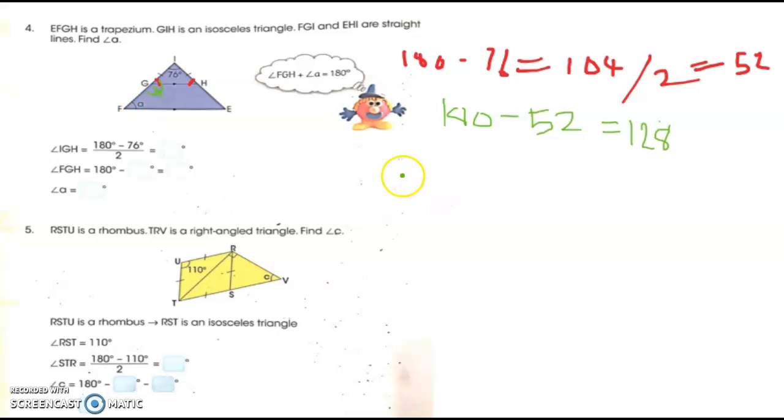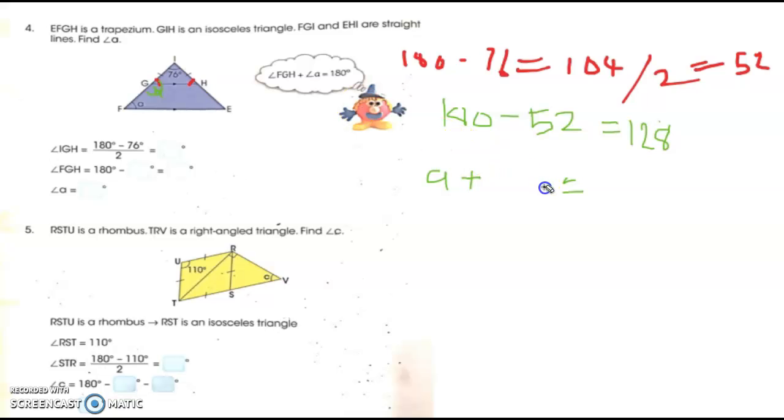Now we can find out A. How? We know that in a trapezium, the pair of angles between the parallel sides, when you add them, is equal to 180.